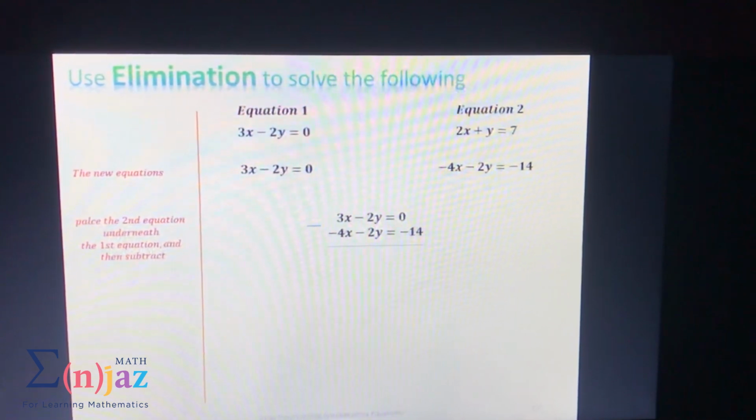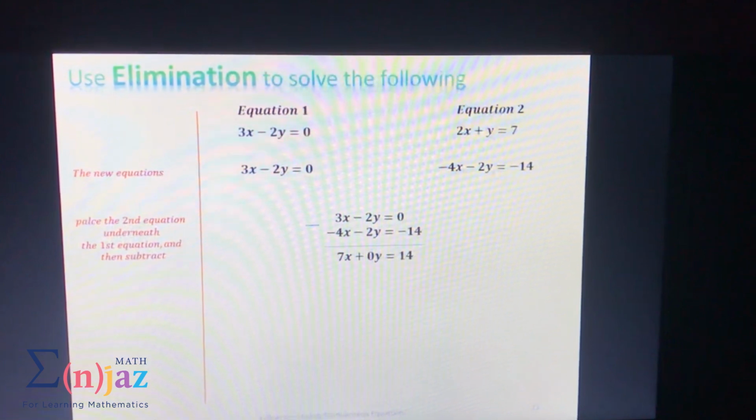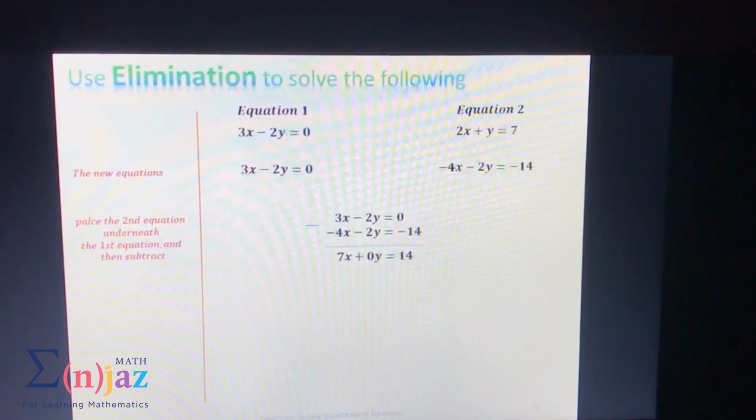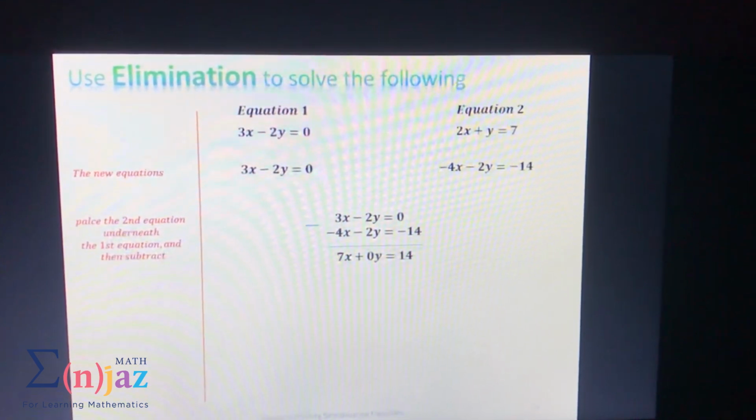So you say 3x minus 4x, which is 3x plus 4x, which is 7x. Negative 2y minus 2y, which is negative 2y plus 2y. The y is eliminated, and 0 minus 14 is actually 0 plus 14, which is 14.